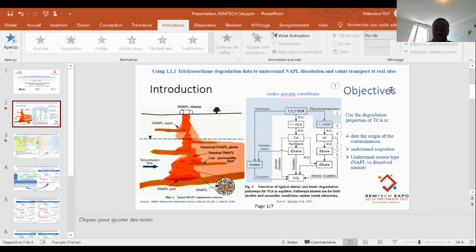The objective of this specific study is to use these data to understand the origin of the contamination, and also try to anticipate the future concentration in the groundwater.